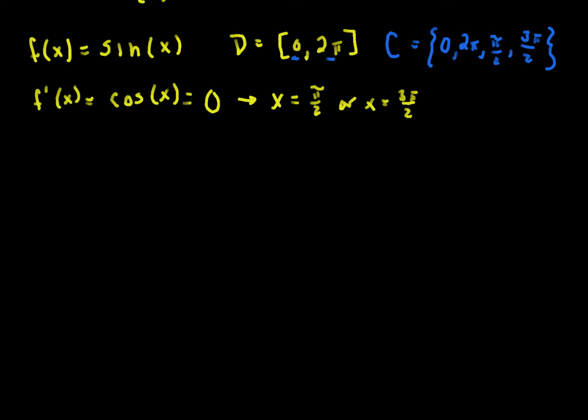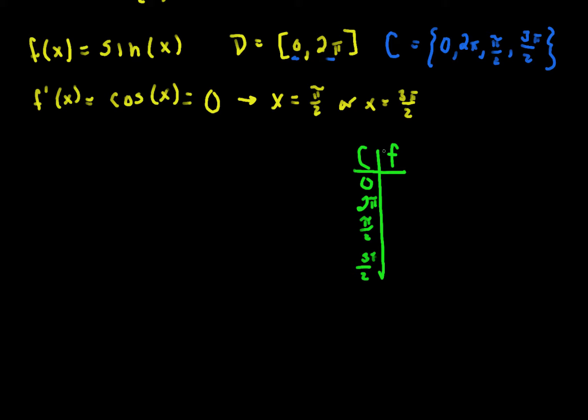And now we just need to evaluate our function on those critical points. So I'll make a table. We'll look at our critical points and evaluate f. So we need to evaluate it at 0, at 2 pi, at pi over 2, and at 3 pi over 2.